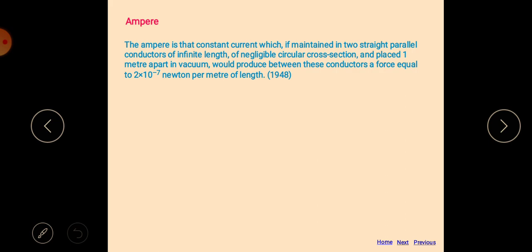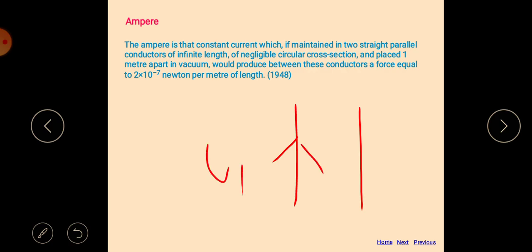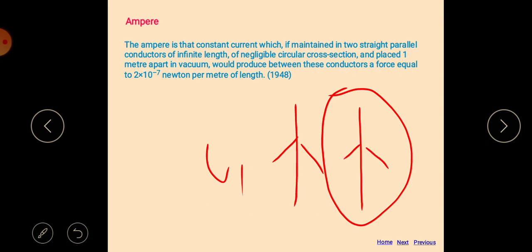Let us understand what is ampere. Suppose we take two wires and the two wires are parallel to each other and a current is flowing in this wire. Let the current be I1. If current I1 is flowing in this wire, definitely near this wire there is a magnetic field, and if in this magnetic field a second wire is placed and the same current is flowing in this wire also, now there is a current carrying conductor placed inside a magnetic field.